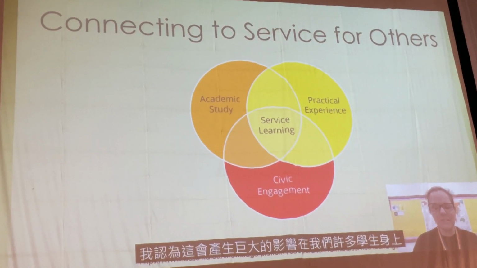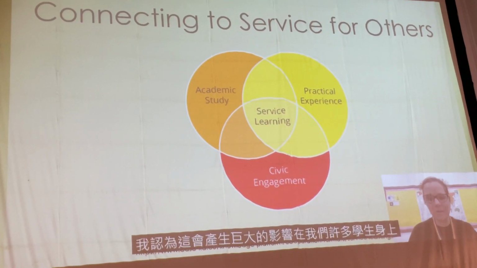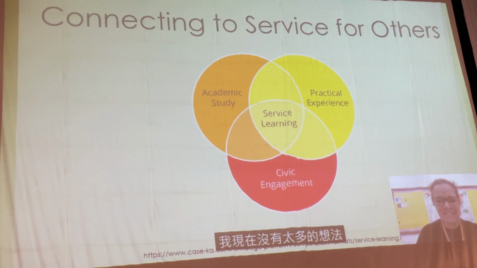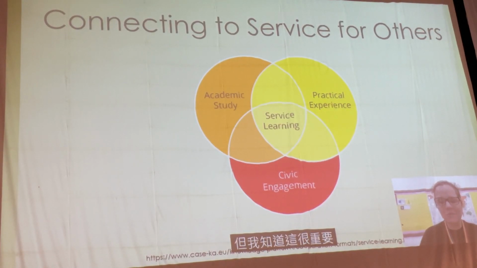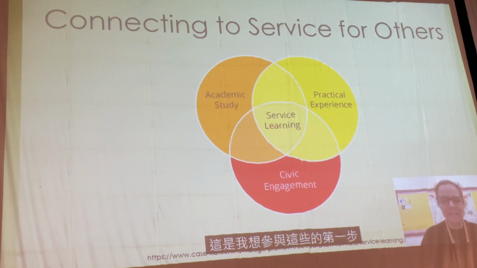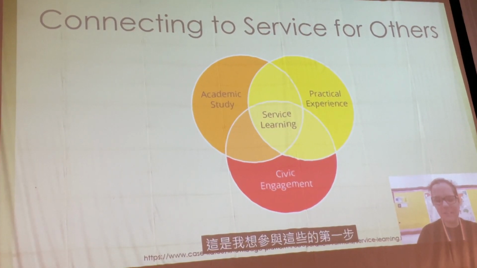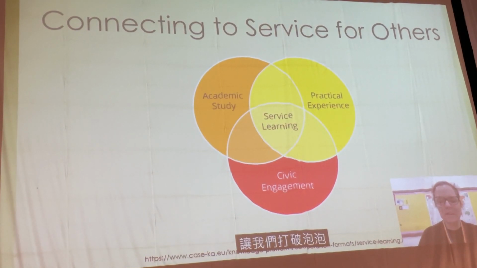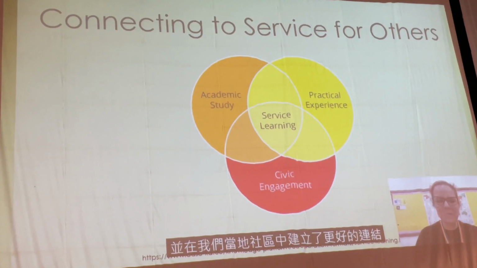I think this would have a huge impact on many of our students. I don't have a huge number of ideas right now, but I do know that it is important, and I would like to be involved in taking these first steps as we burst the bubble and connect better in our local communities.